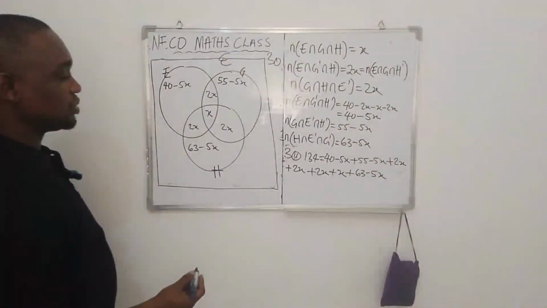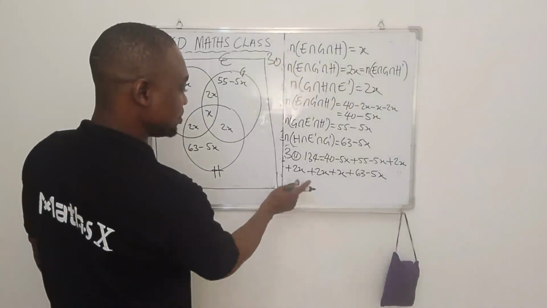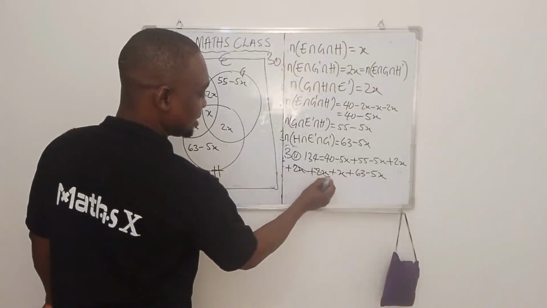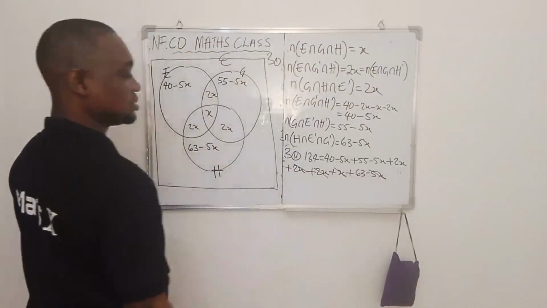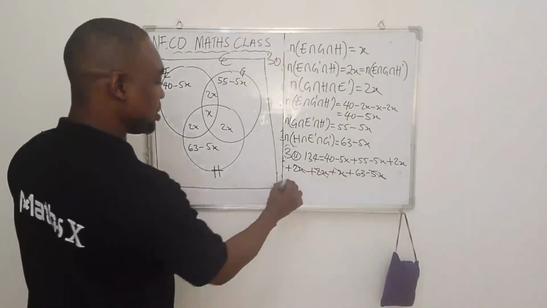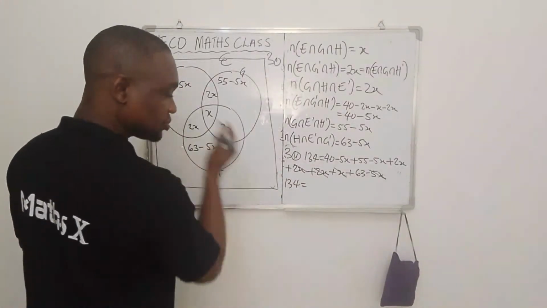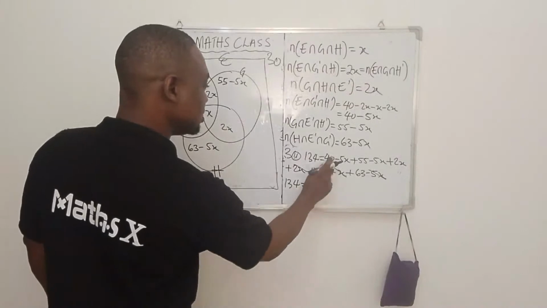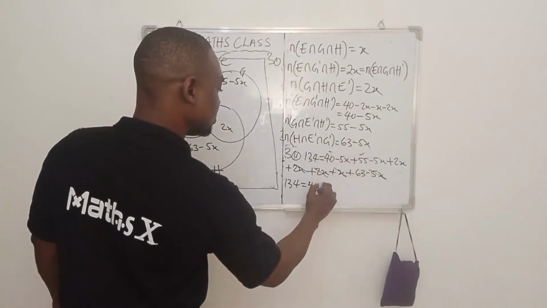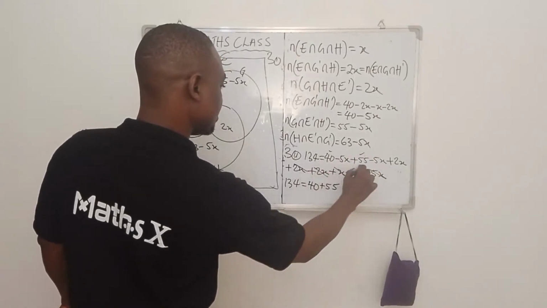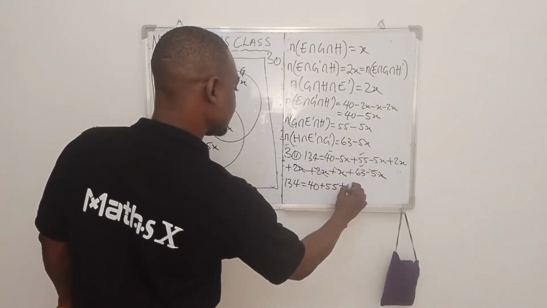Let's pull them together. 2x plus 2x plus 2x, that's 5x, right? So can I cancel this and then cancel this? Yes. So what do I have left? I have 134 equals 40 plus 55 plus 63.